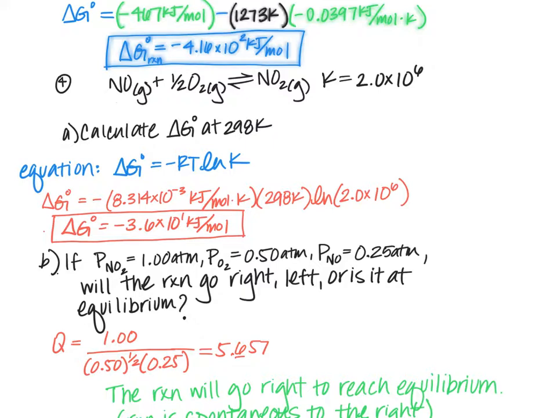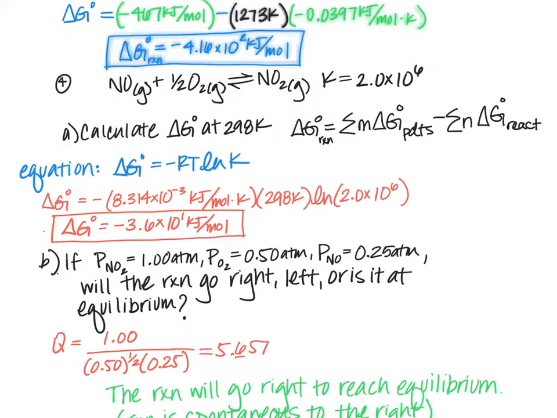Because this is at 298 K, I could use any of these equations. Let me show you. I could use delta G naught is equal to, and this again is of the reaction, the sum of the moles of delta G values for the products at standard state minus the sum of the moles of delta G naught of the reactants.